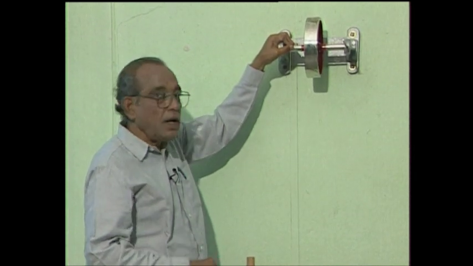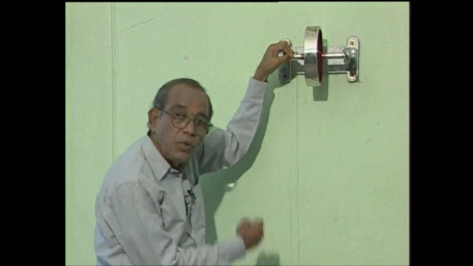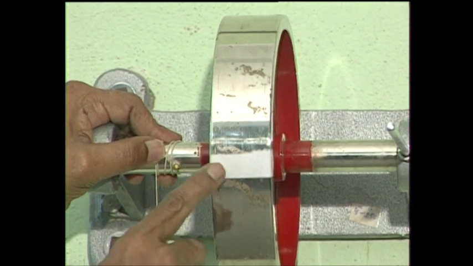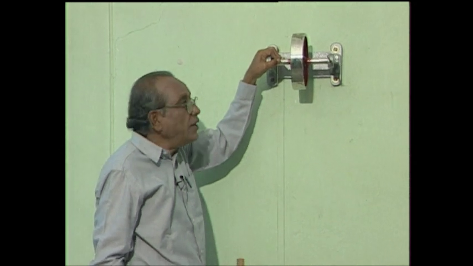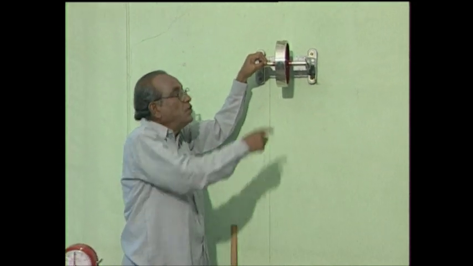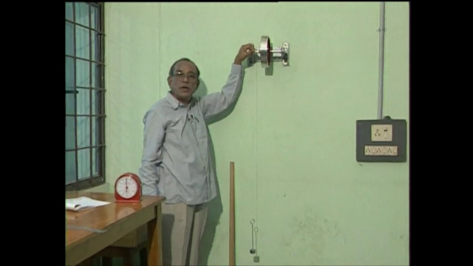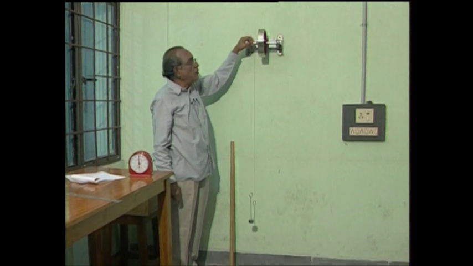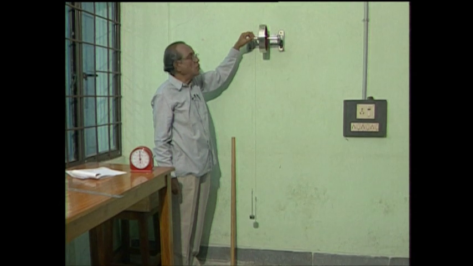The moment I leave the axle, the weight will pull down the axle, due to which this flywheel will rotate. Now, I am going to leave the axle and find the number of revolutions which the flywheel makes before touching the ground. I am leaving the axle and counting the number of revolutions.